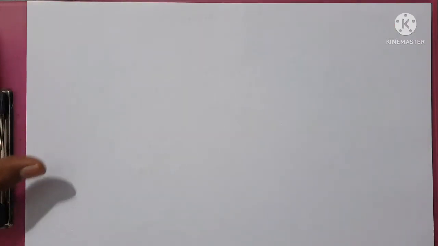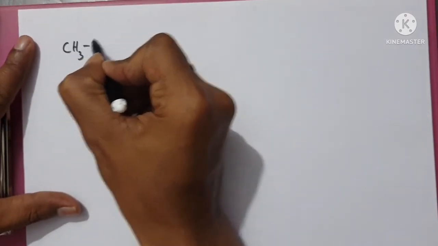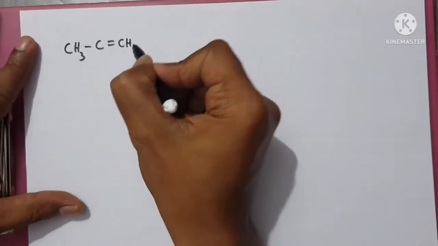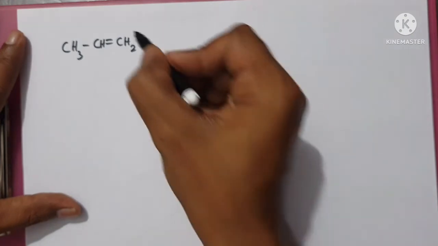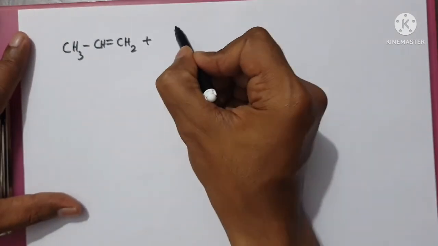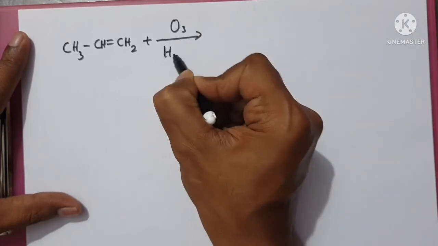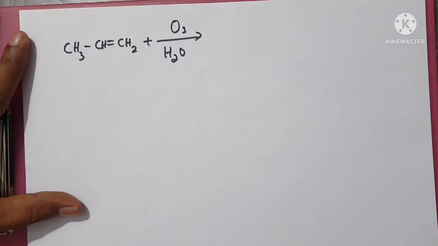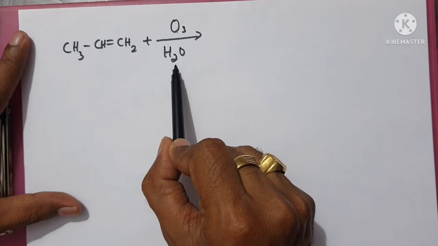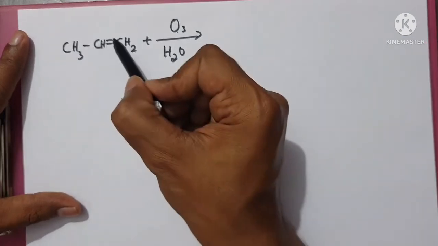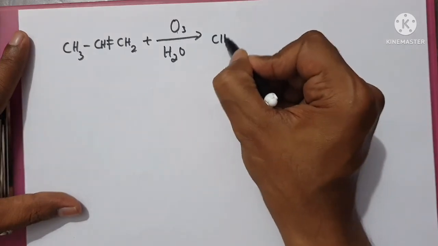You can observe here, children. I will take an alkene, propene. This propene, when it is treated with ozone in the presence of water, first the double bond will break and the ozonide structure is formed.